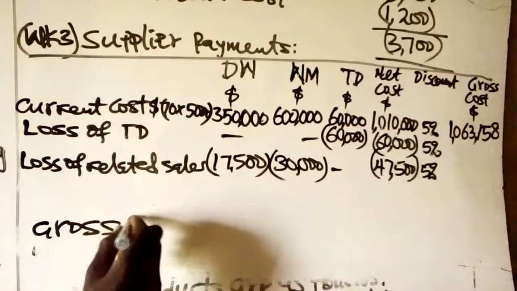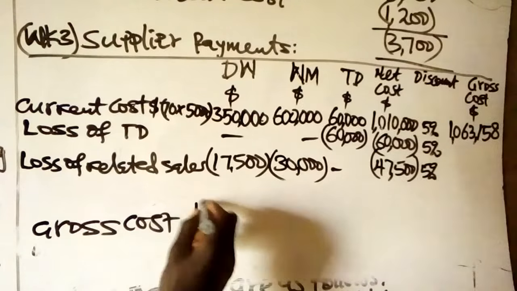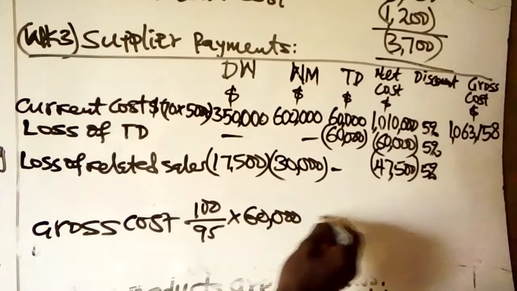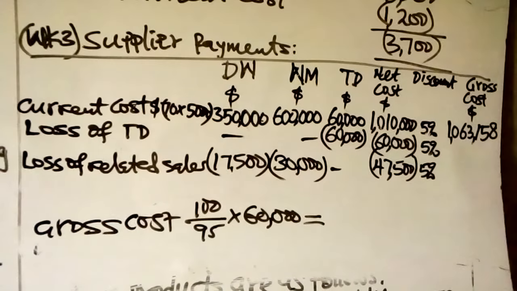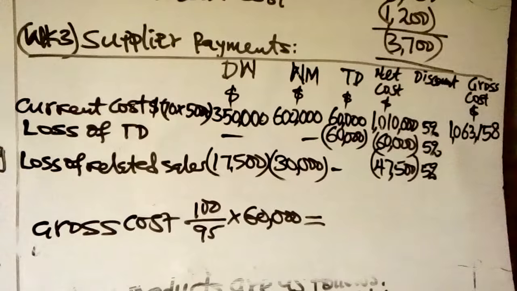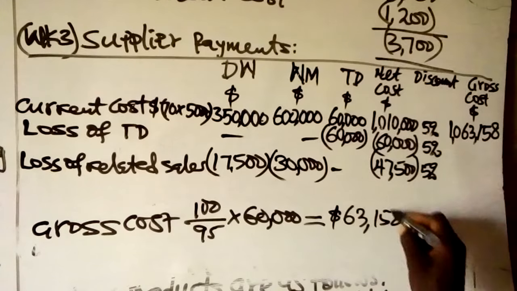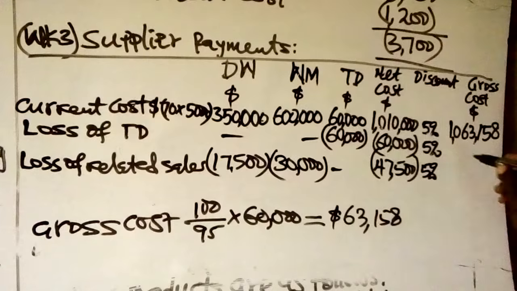The gross cost is 100 over 95 times 60,000. 60,000 times 100 divided by 95 gives us 63,158. That's what we are losing on that.